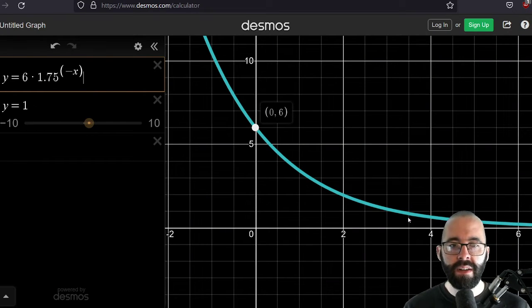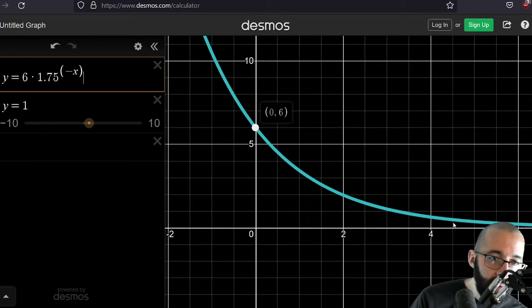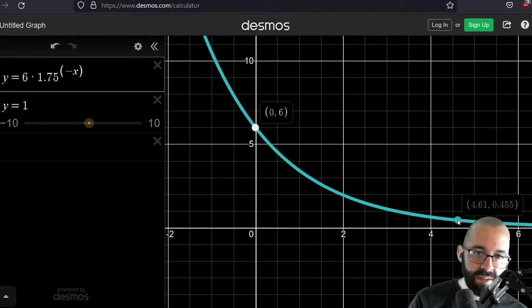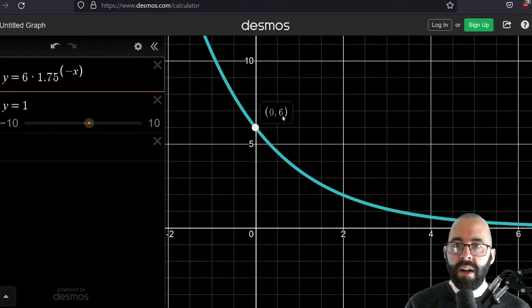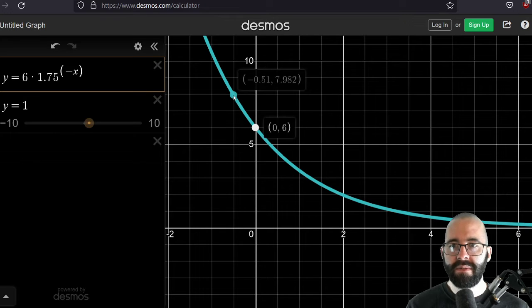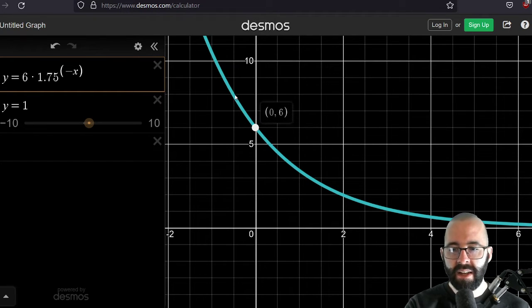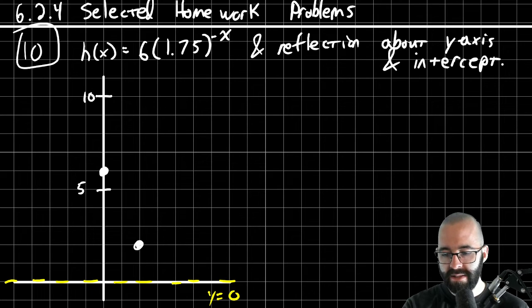Another easy point. Then go in the other direction. x equals a half is pretty close to 8. It's not exactly 8, but x equals negative a half is about 8.